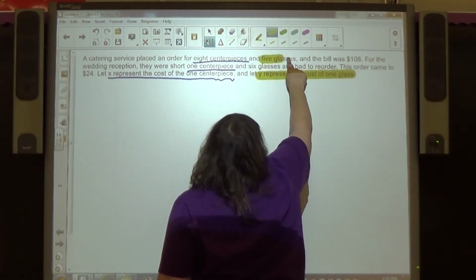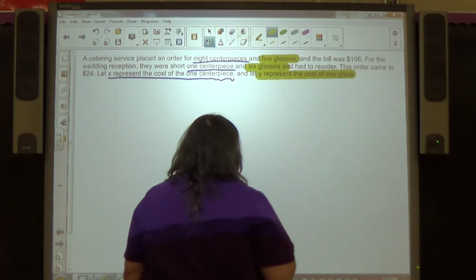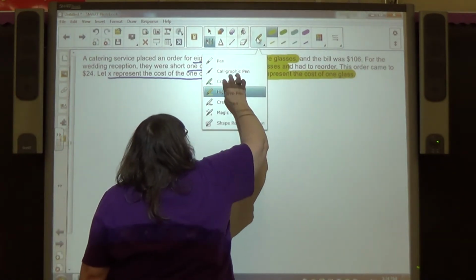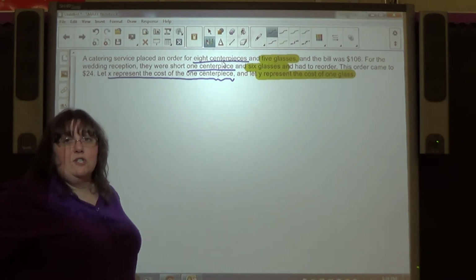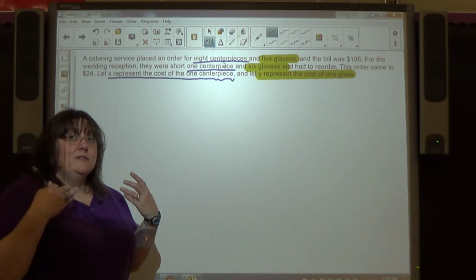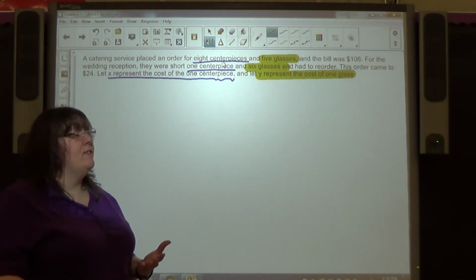So we have 5 glasses and 6 glasses. Okay? There's the information we need to set up our 2 equations. Now, the cool thing about doing substitution and elimination with word problems is usually one sentence has an equation, which makes things a lot easier to find.